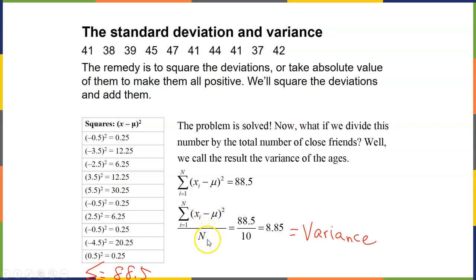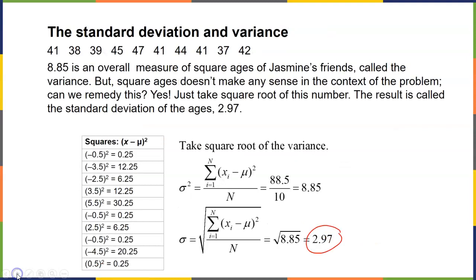And then our next step is we divide by the population size, and that gives us a number called the variance. And we won't really use that number in this class, although you might be asked to calculate it in your homework. So it's just the second to last step of the standard deviation process.